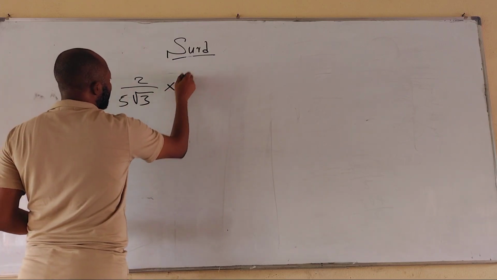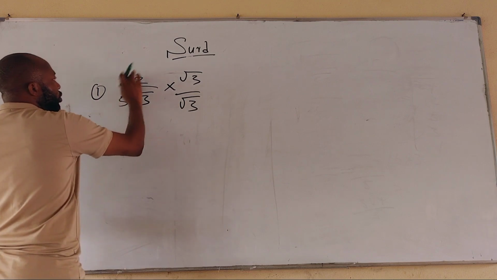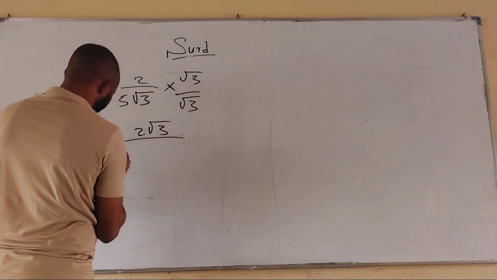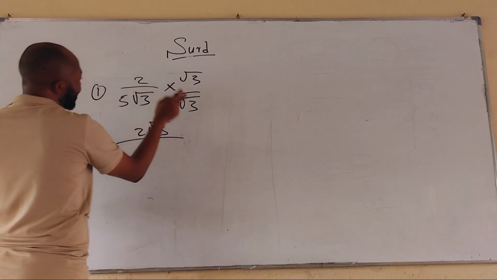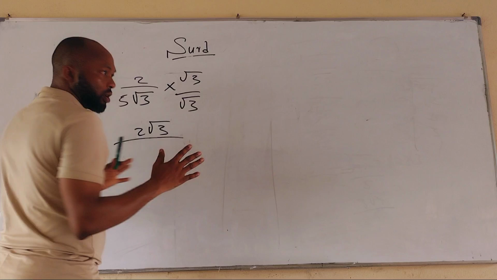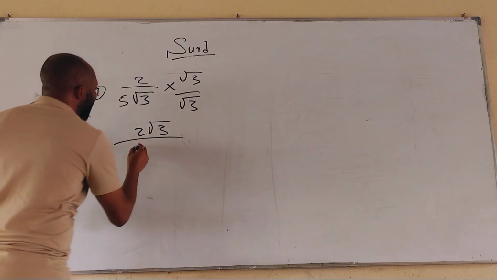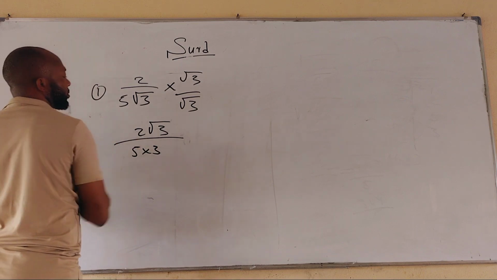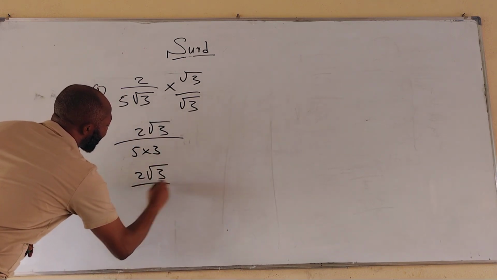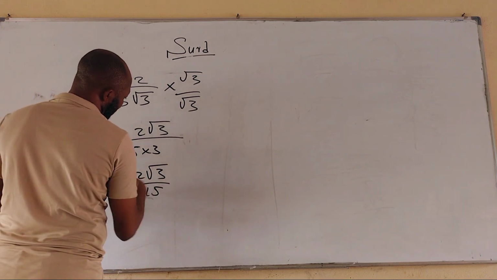So I have times root 3 over root 3. 2 times root 3 is 2 root 3, over 5 root 3 times root 3. Root 3 times root 3 is 3, so we have 5 times 3, which is 15. So this is 2 root 3 over 15. That is our answer. We cannot cancel anything further.